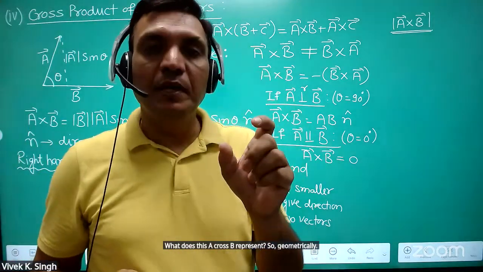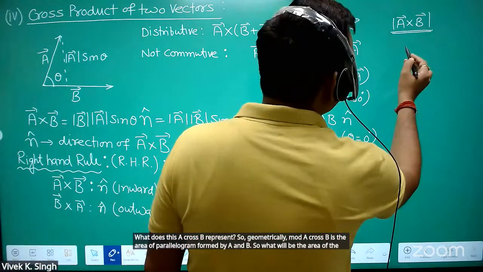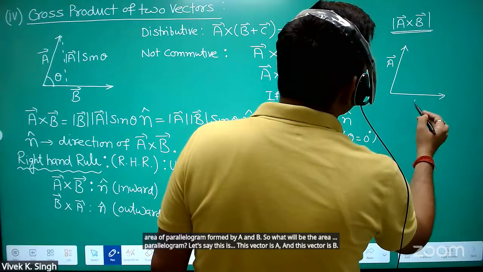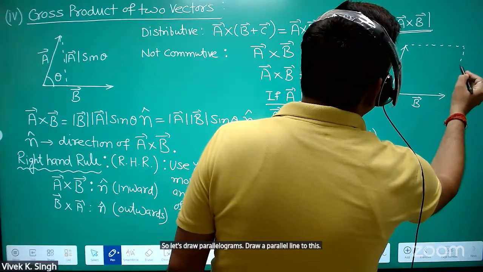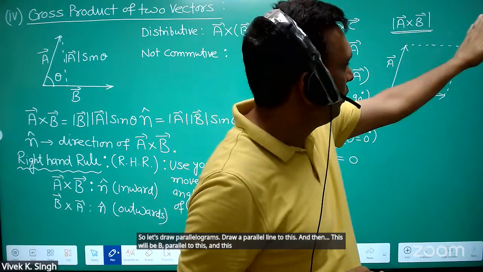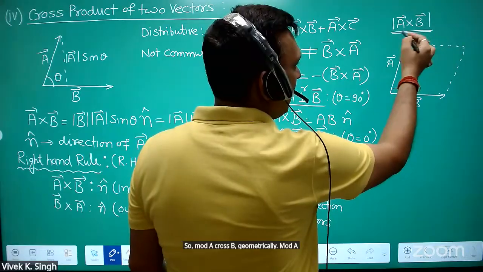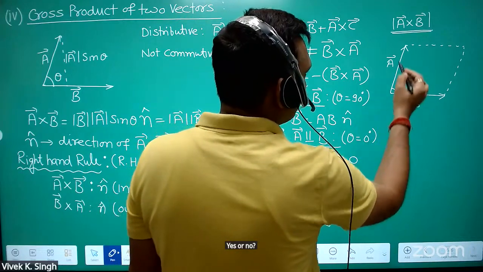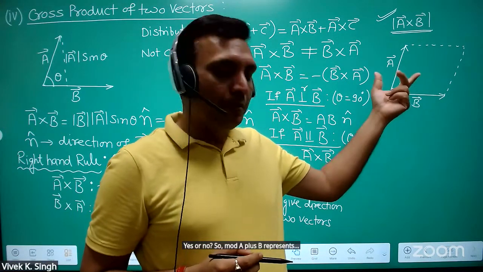Geometrically, mod A cross B is the area of the parallelogram formed by A and B. Let's say this vector is A and this vector is B. Let's draw a parallelogram: draw a line parallel to this, and this will be B, parallel to this, and this is A. So mod A cross B represents the area of the parallelogram formed by A and B.